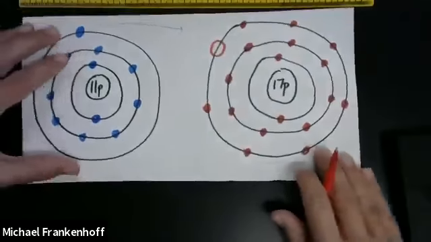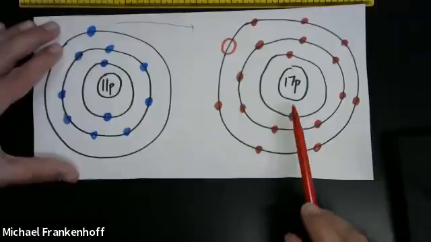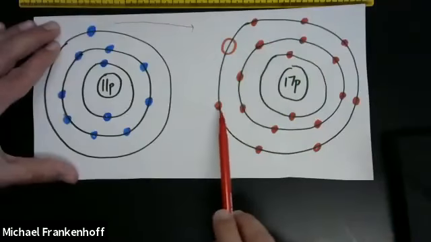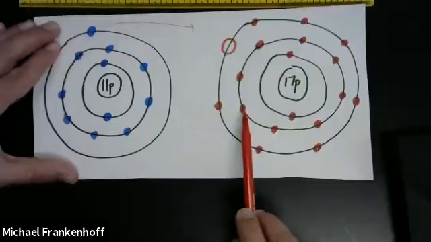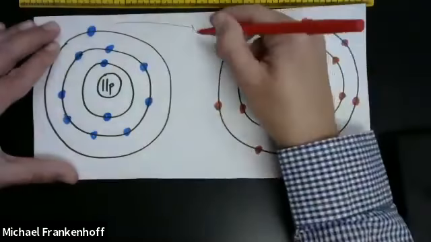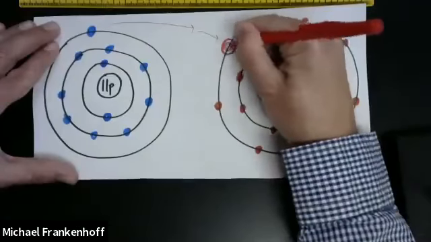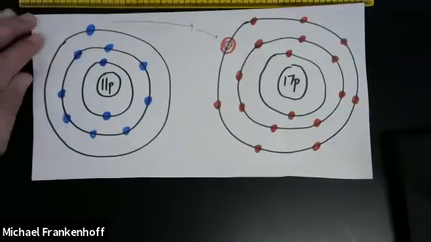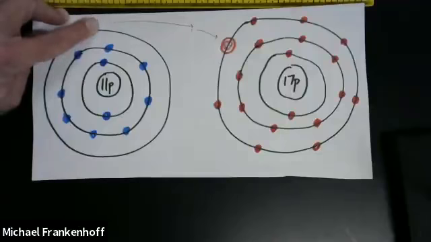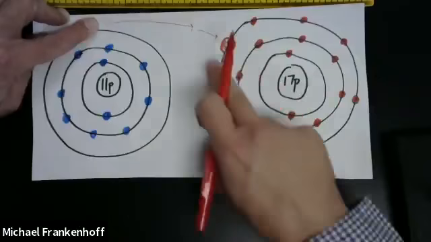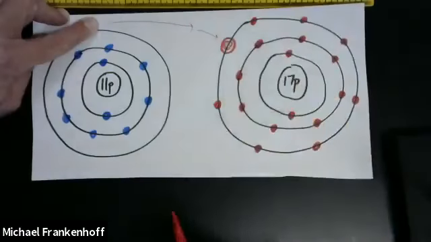But guess who could be waiting there ready to gobble it up? Here's chlorine. Chlorine could lose all 7 of these and drop down to the second energy level like sodium, or it's far easier for it to gain 1 more. So the electron comes in there and fills that up. And now they are both happy. Sodium has its outer energy level full, and chlorine has its outer energy level full.